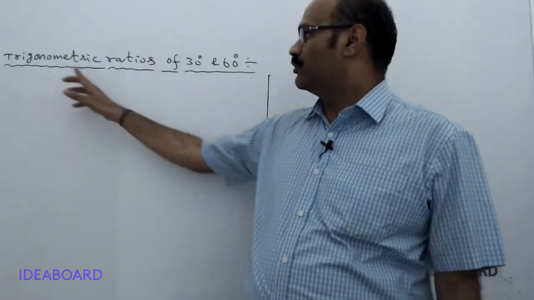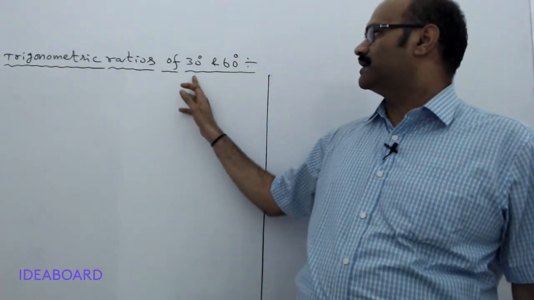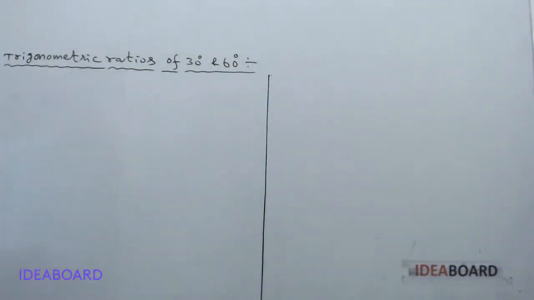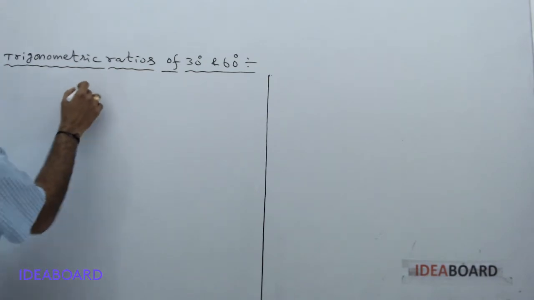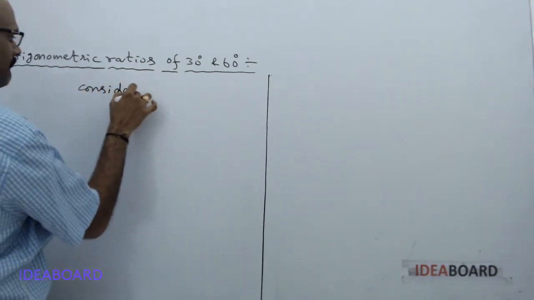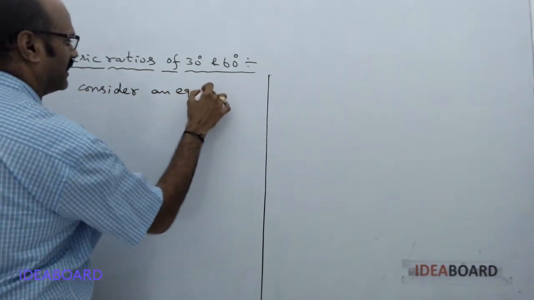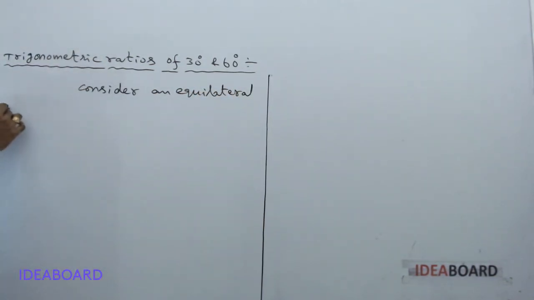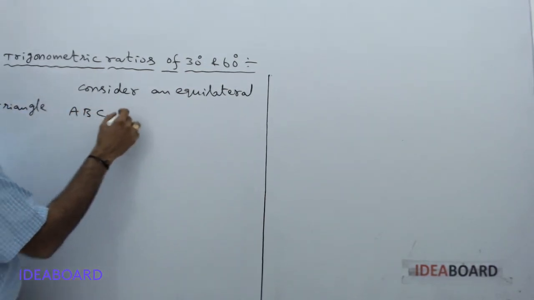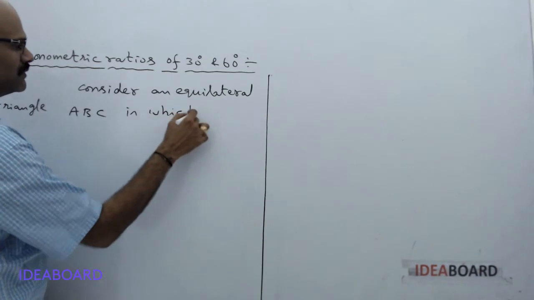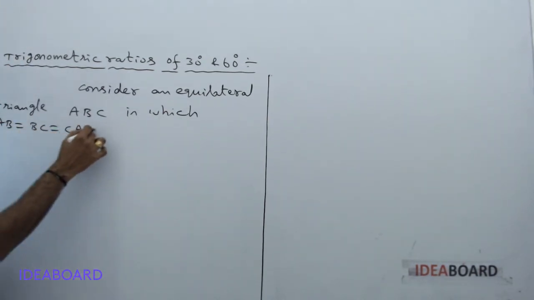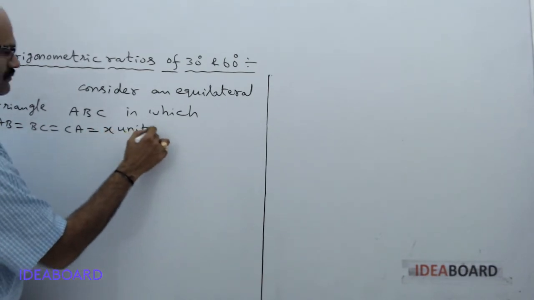Now we have to discuss trigonometric ratios of 30 degrees and 60 degrees. Consider an equilateral triangle ABC in which AB equal to BC equal to CA equal to x units.